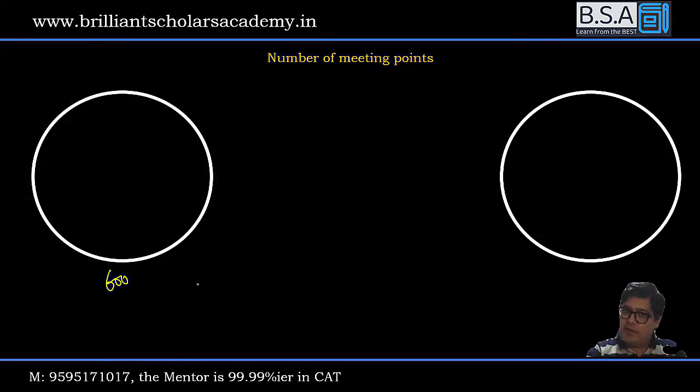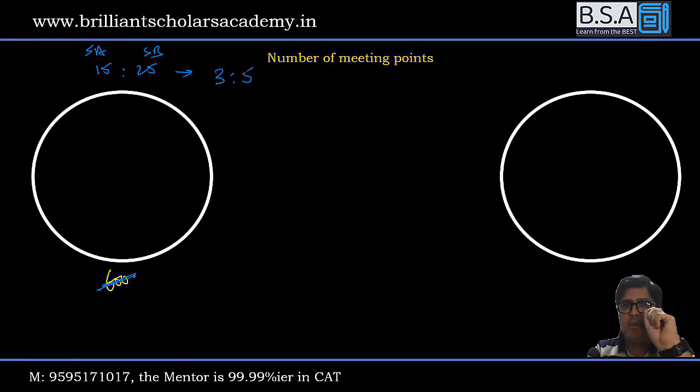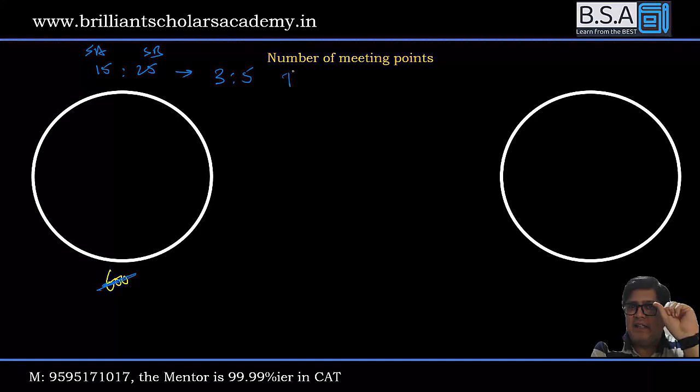You could have reached the conclusion faster. The speed of A and the speed of B are 15 and 25. The ratio of their speeds is 3 to 5. Length does not matter. Length of the track does not matter. This means in time t, or the same time given to both, this fellow will complete 3 loops.